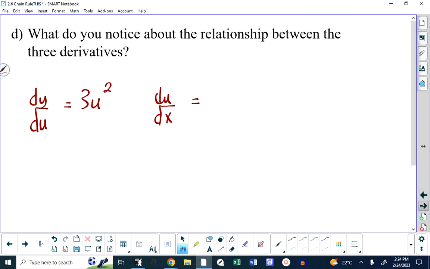And du dx was 2. And I'm going to write down what dy dx was. And it is 6 times 2x minus 5 squared. Does anybody see the relationship between those three derivatives?